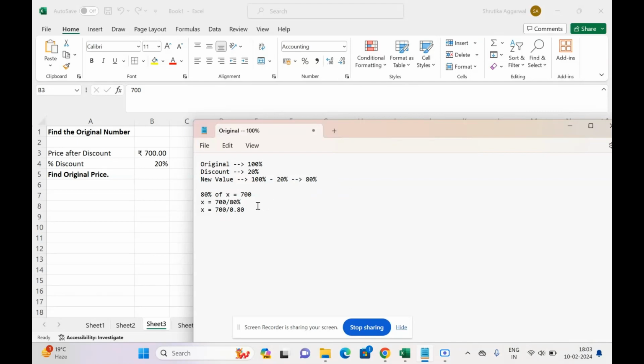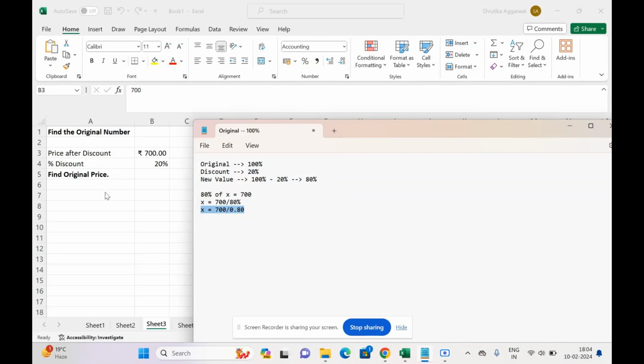So now we come up with this formula. Whenever we have to find the original price, when we have the discounted price and the percent discount, the formula will be the discounted price divided by 1 minus the discount percent.